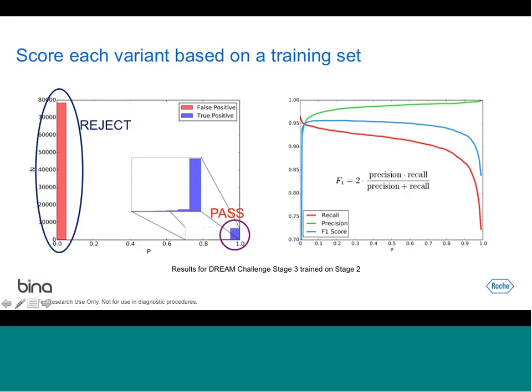But the harmonic mean almost stays constant through a very large range, saying that SomaticSeq's algorithm is quite robust. It doesn't depend too much on the threshold that you pick. You can pick anywhere between 0.2 and 0.8 and get about the same results.